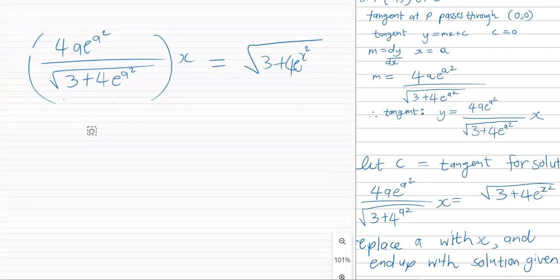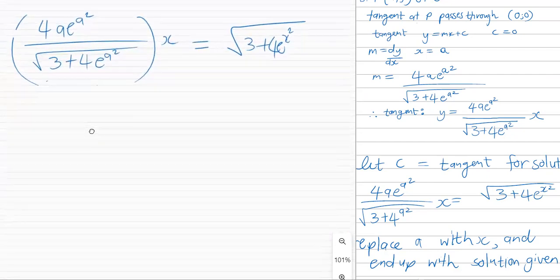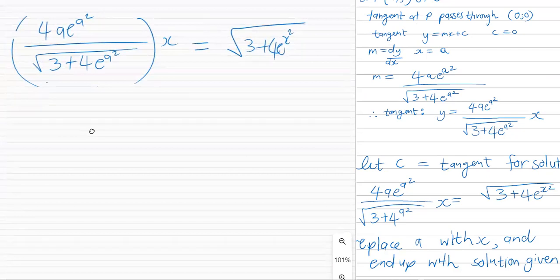So here we have some very ugly algebra going on. I just want to notice that I have A's and X's in my answer, and obviously that's not good.